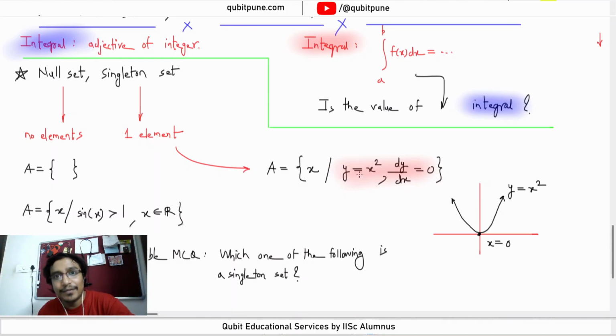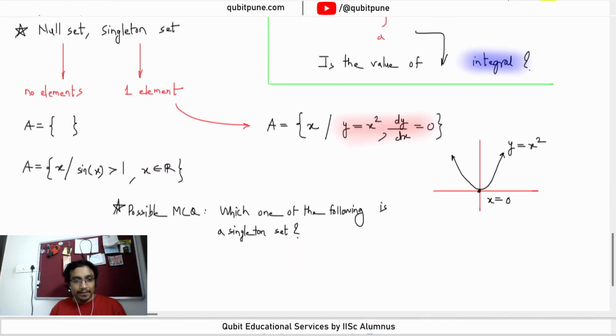Or if I change this function y equal to x squared to some other complicated function whose graph we cannot visualize easily, then that problem immediately becomes difficult. Not because you do not know what a singleton set is, but because it takes you some time to grasp how to handle that particular situation inside the set. Is that clear? Yes, correct. So that could be a possible MCQ. Which of the following is a singleton set? It will have 4 options.